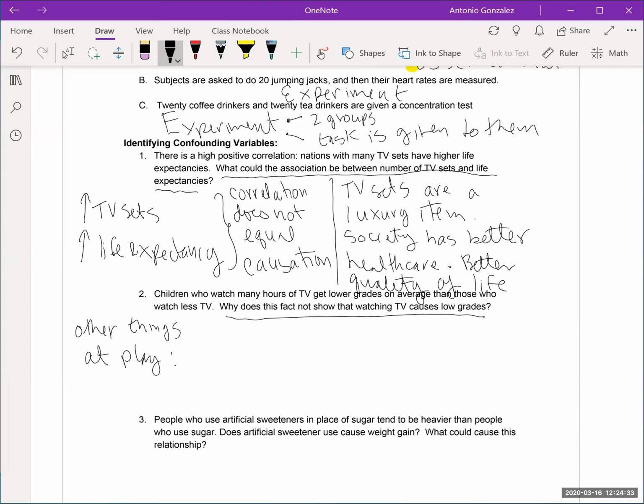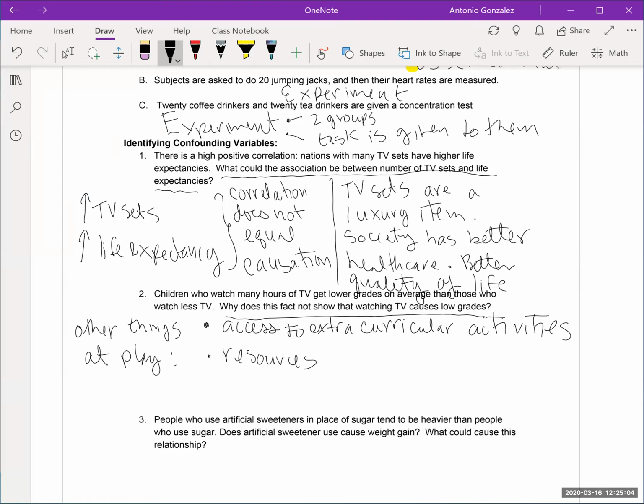All right, so maybe one thing is access to extracurricular activities. Or not just extracurricular activities, but maybe resources.